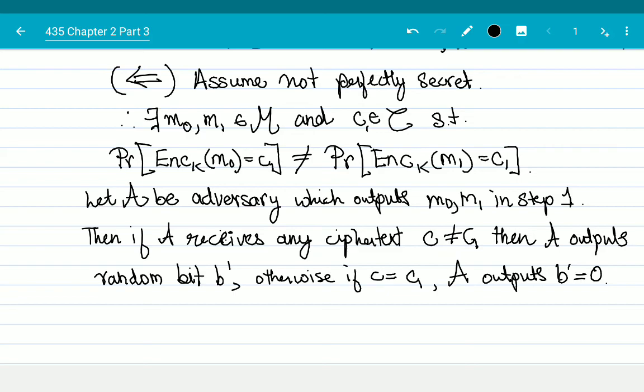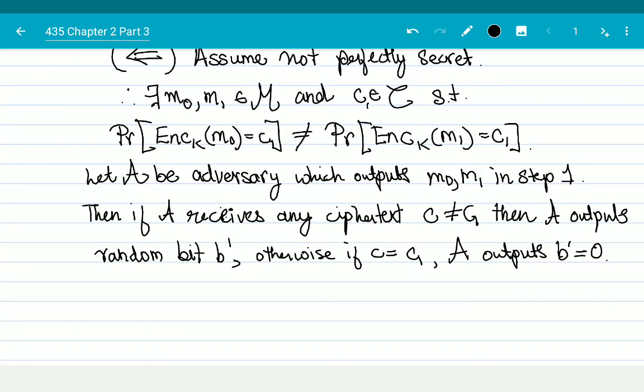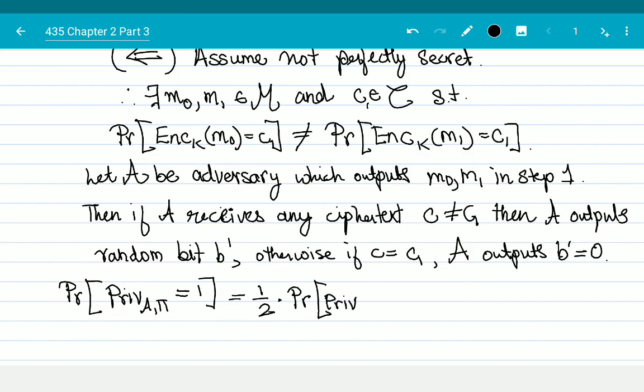Okay. Now, because the probability that the message m0 or m1 is chosen is half, we have that the probability that the experiment, okay, I'm not going to write the entire thing, PrivK EAV A pi equals 1, is equal to 1/2 times the probability that the experiment is 1 given the constraint that the message was m0.